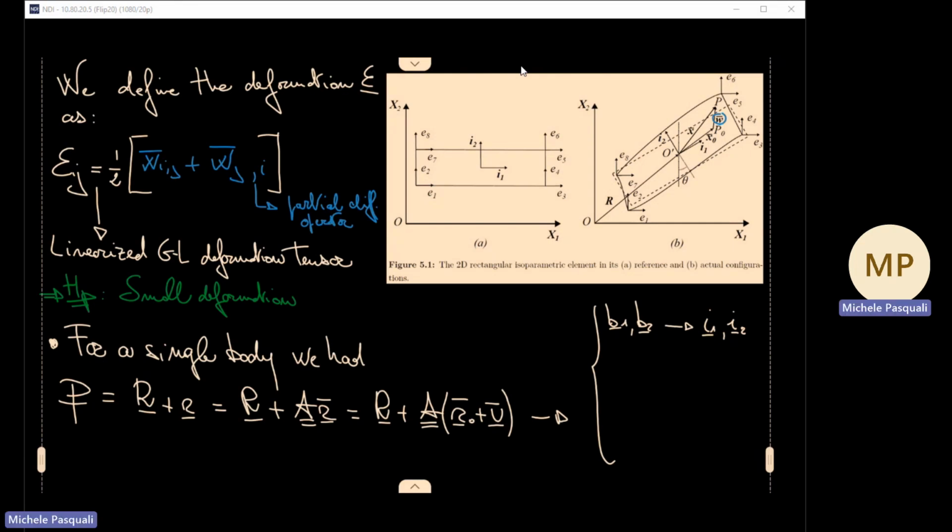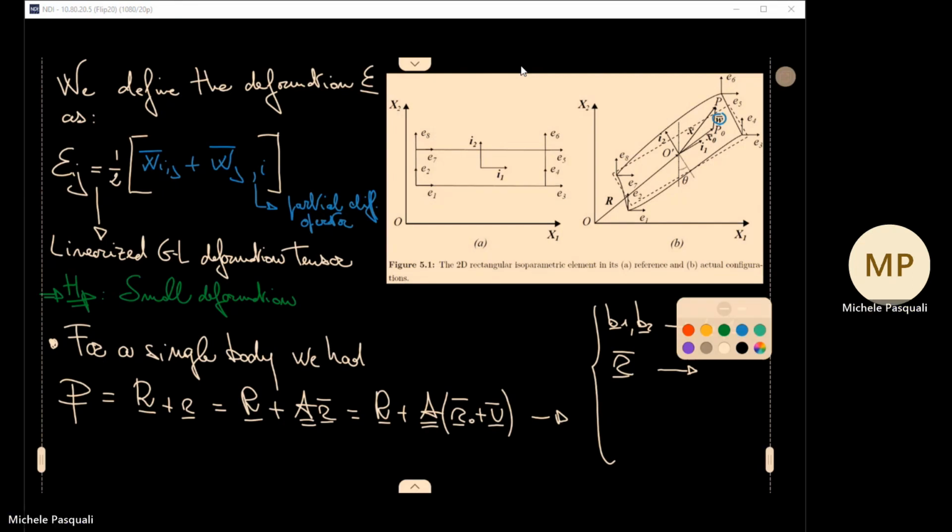Our position vector of a point expressed with respect to the local frame B1, B2 becomes what in this picture that you can see here? Exactly, it's X. So here we have X over bar, to be fair.